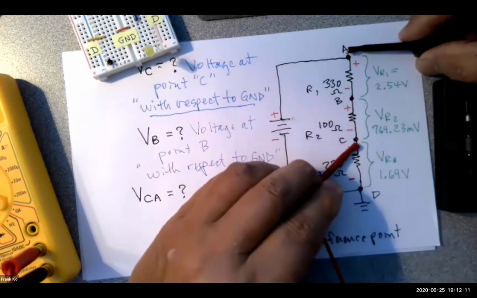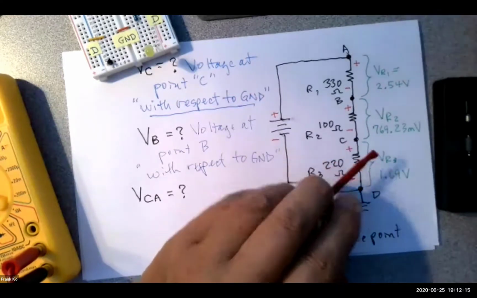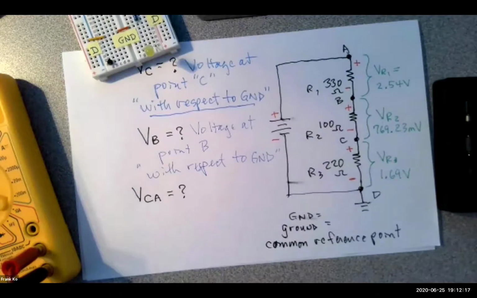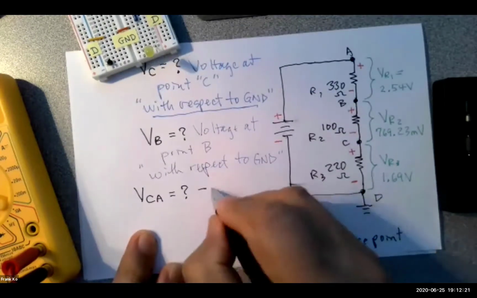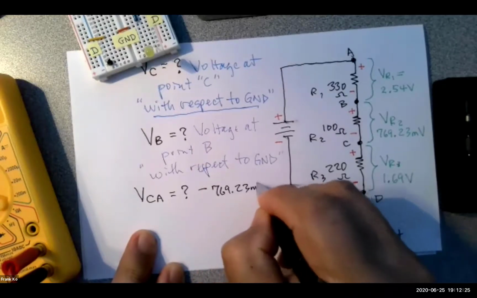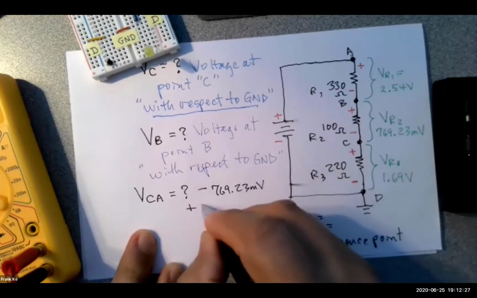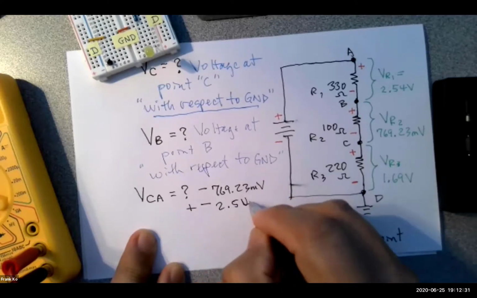So the difference of potential, the voltage between C to A, has to be determined this way. This is going to be equal to negative 769.23 millivolts, and I'm going to add that to a negative 2.54 volts.